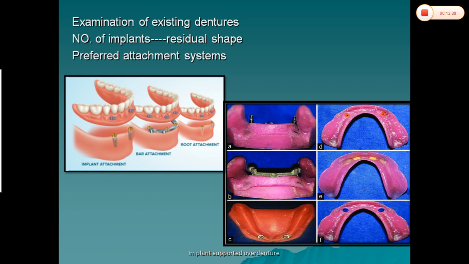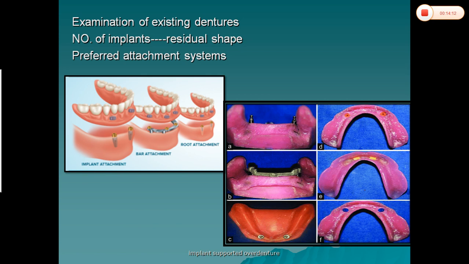Next, not only the implants. See, after the implants are integrated, we will place attachments. So in the previous class we talked about how, when we are planning, not only surgical but prosthodontic considerations also have to be taken care of before planning. Okay, surgical and prosthodontic considerations have to be done, meaning implant placement as well as attachments have to be taken into consideration.